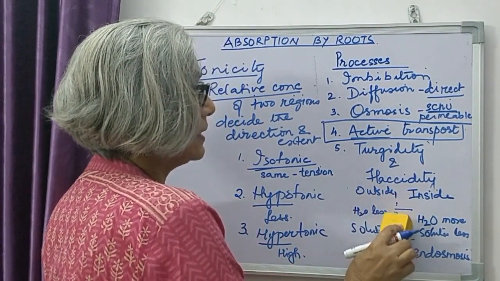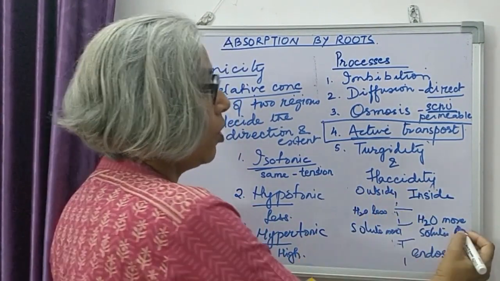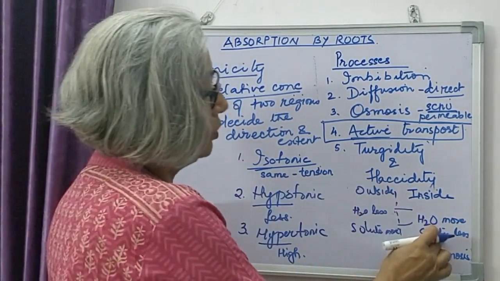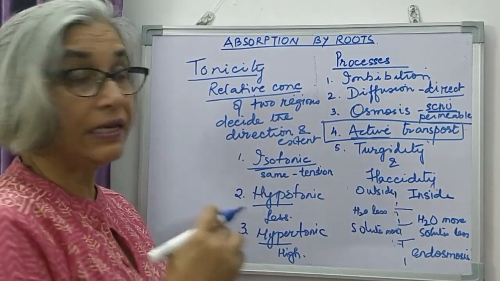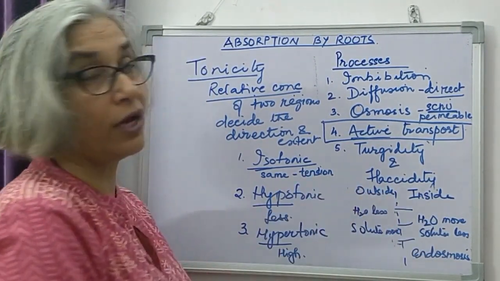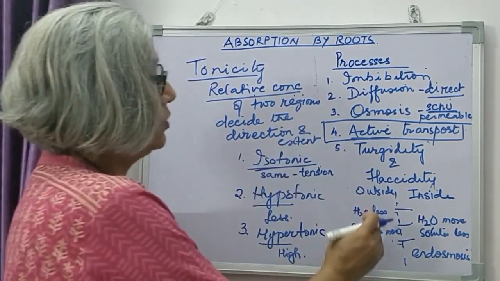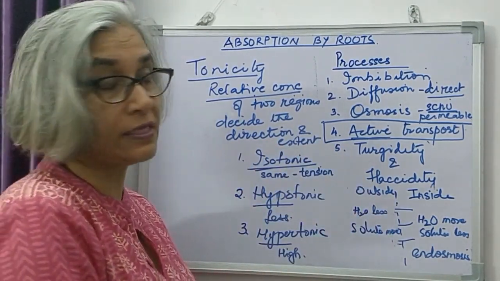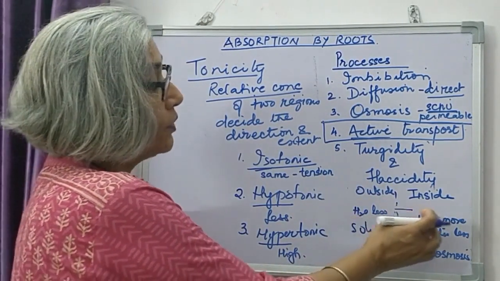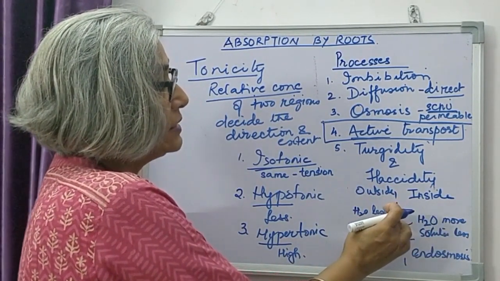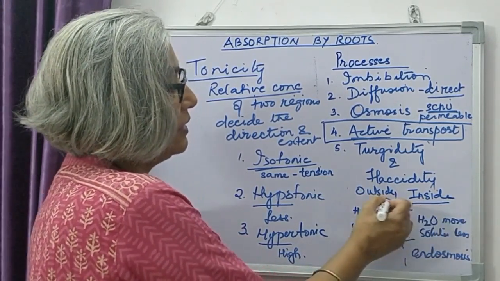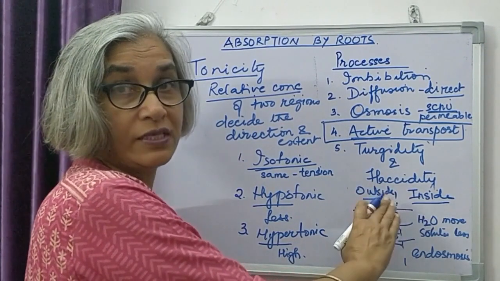Water inside the cell is more and the solute inside the cell is less, whereas water is less on the outside of the cell and solutes are more on the outside. So water always moves from where it is more to where it is less. So the direction here remains the same, but this is inside and this is outside. Don't get confused with this.